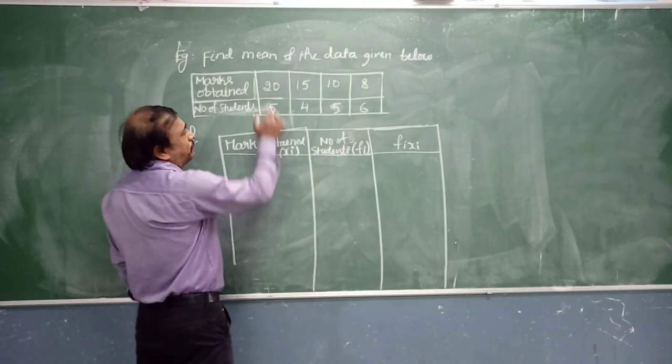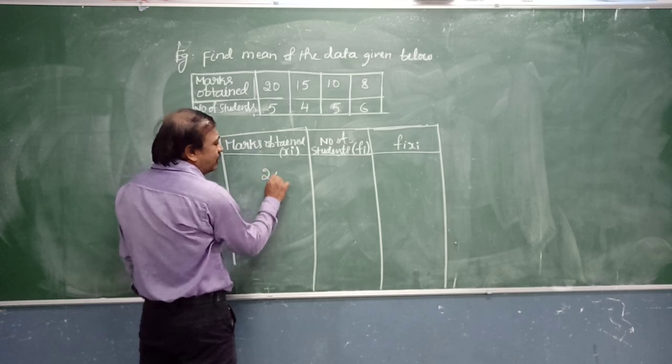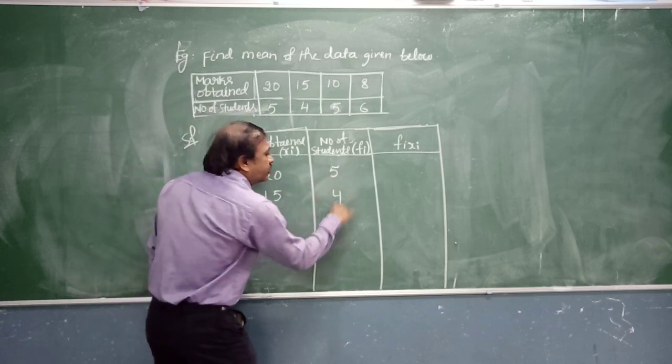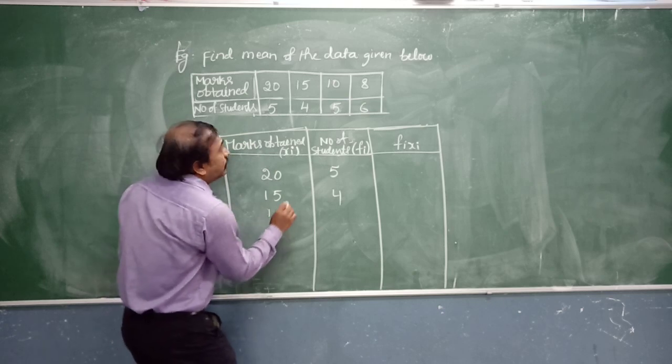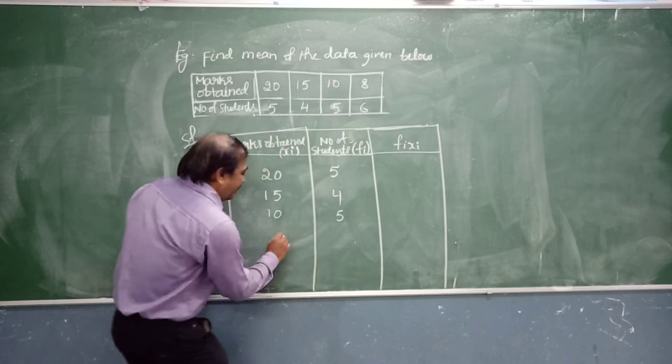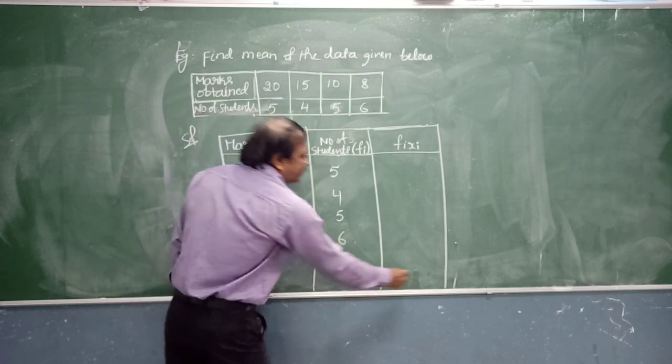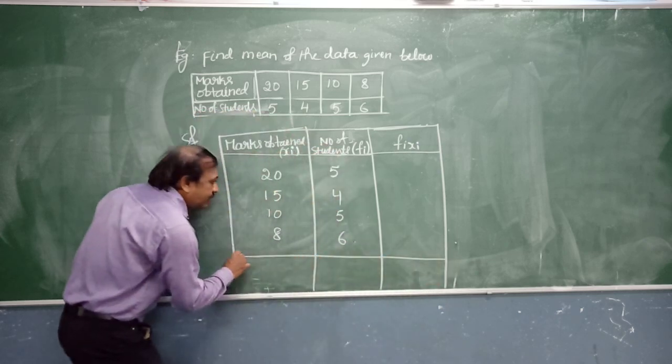Now, marks obtained, repeating the data again: 20, 5 students; 15, 4 students; 10, 5 students; 8, 6 students, means 8 marks obtained by 6 students. So here the data ends.